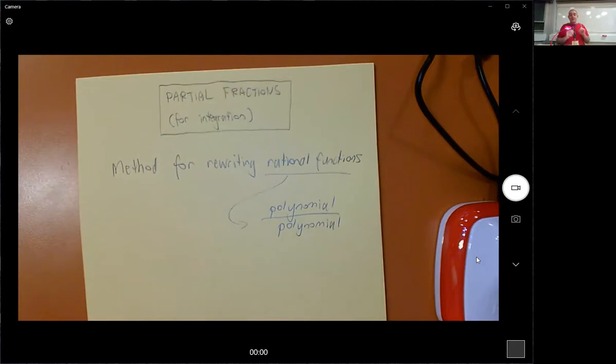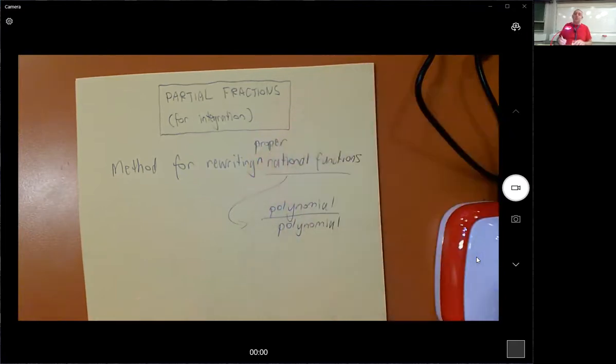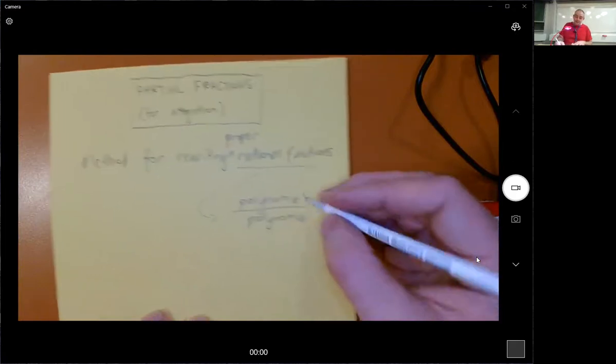And it's actually technically only a method for writing proper rational functions, by which I mean that the degree of the numerator is less than the degree of the denominator.